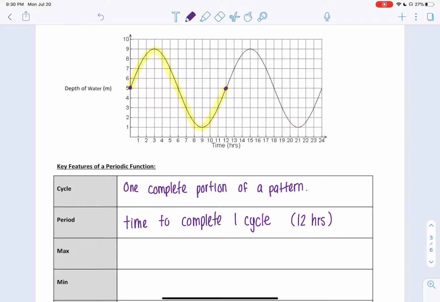Next is our max. So our max is the highest point of our function. Which in this case would be the deepest part of our water, which would be here at 9 meters.